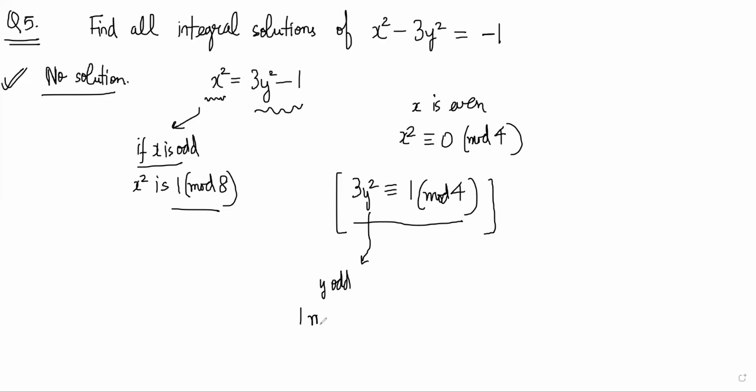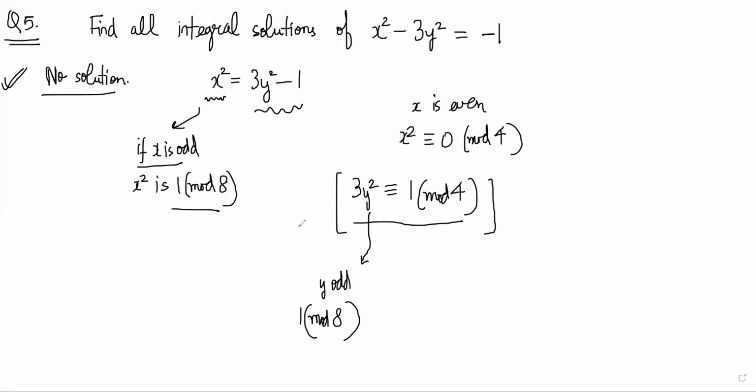Then 3y square will be 3 mod 8, and x square is either 1 mod 8 or 5 mod 8, so it's not possible. For the even case, it will be 0 mod 4. So the value is obviously odd.